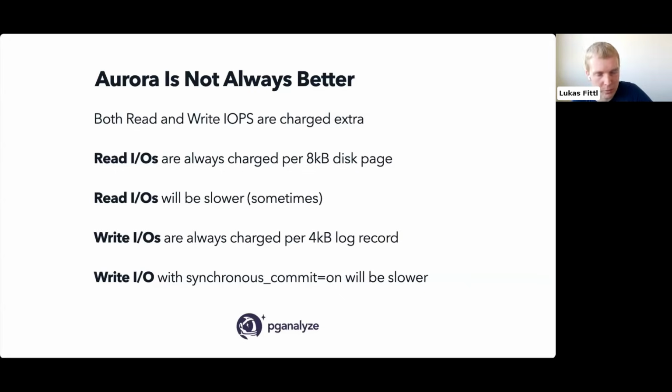Now, IOPS are charged per full pages. They will usually be a little bit slower. This is something where you should basically do your own benchmarks, but just the internal overheads that Aurora has are a little bit higher than a regular disk, basically. Write IOs are always charged per that minimum size of the log record, and then also write IO with synchronous commit will be a little bit slower than a regular RDS, for example, because you are waiting for more internal synchronization, basically.